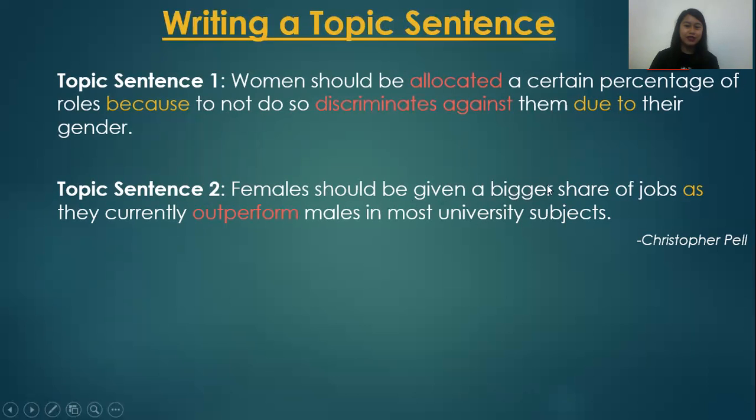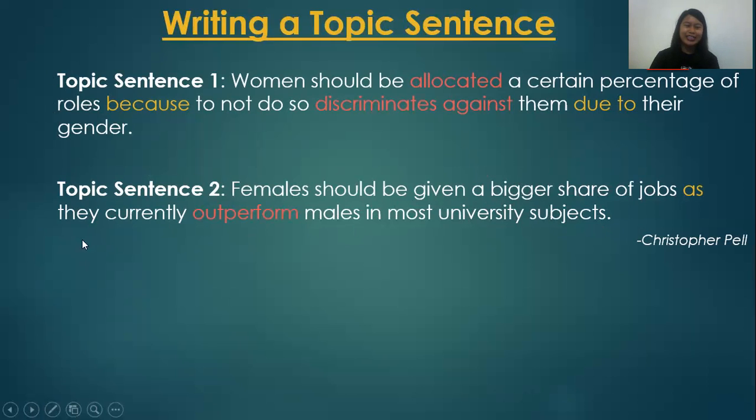Females should be given a bigger share of jobs as they currently outperform males in most university subjects. Again, first we answer the question whether we agree or not, and we state that we agree that females should be given a bigger share of jobs. Why? As they currently outperform males in most university subjects.